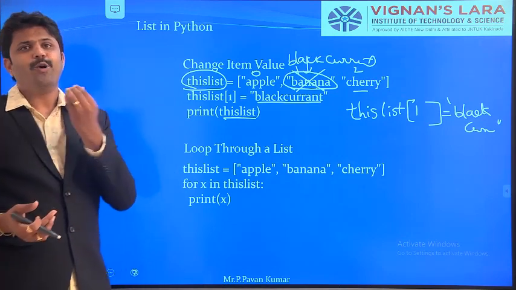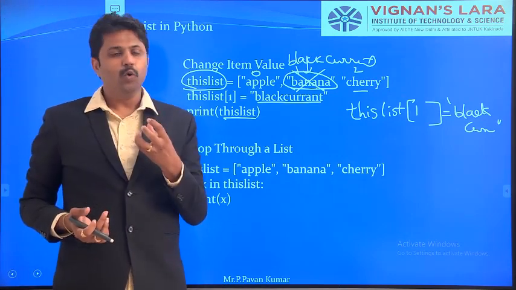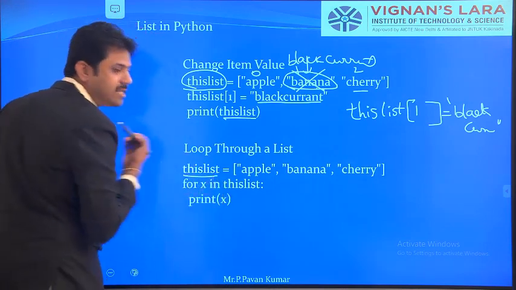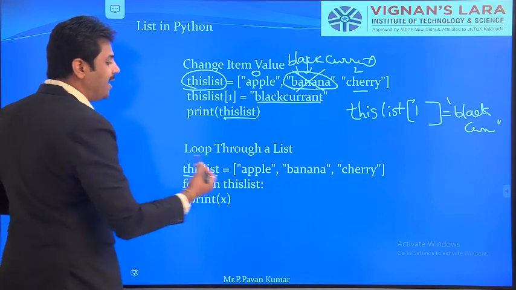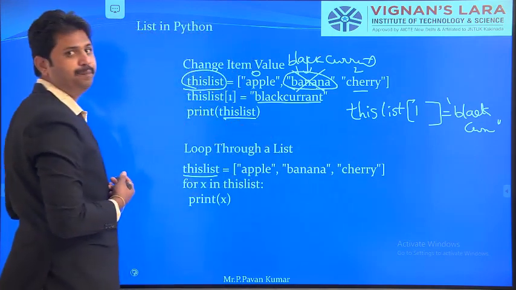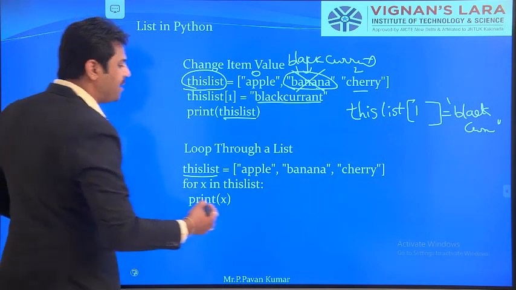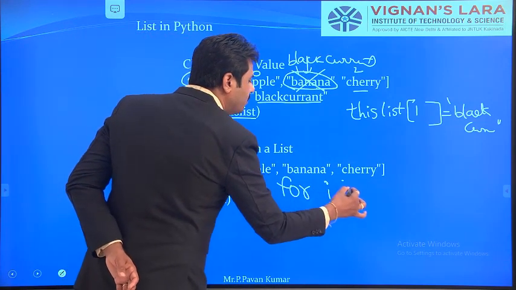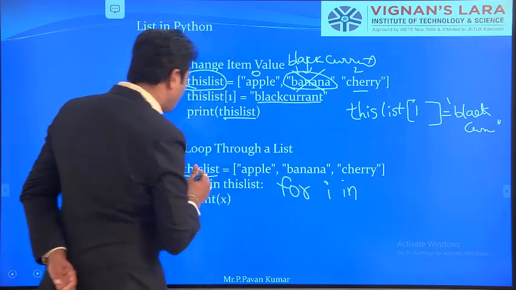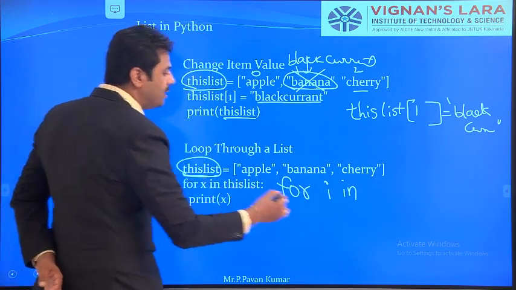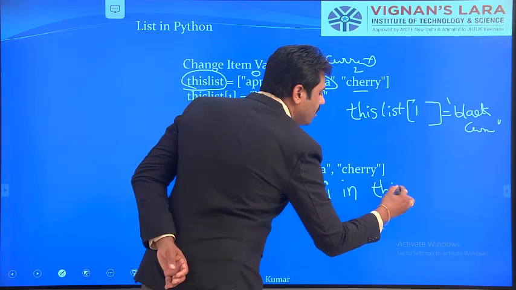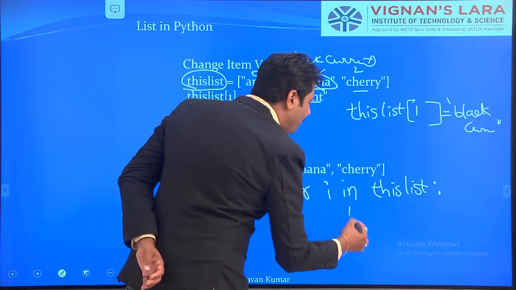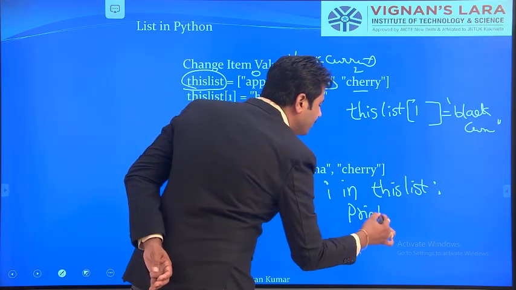Like this, you can use looping. If you want to access values by loops, let us see. This list is my list. It contains apple, banana and cherry. And I am writing a statement: for i in, what is the name of the list? This list, colon, print i.